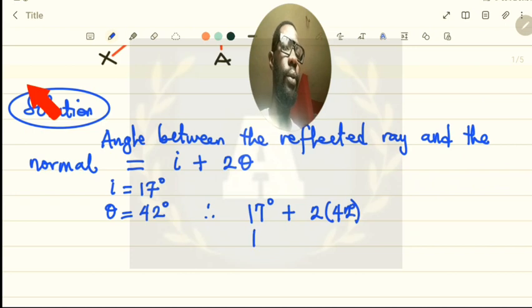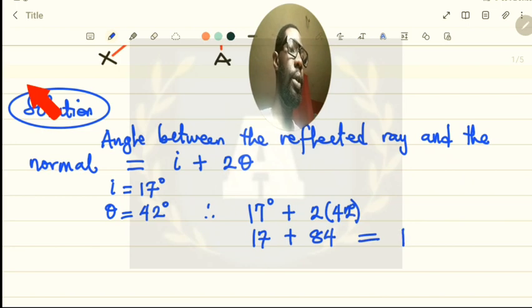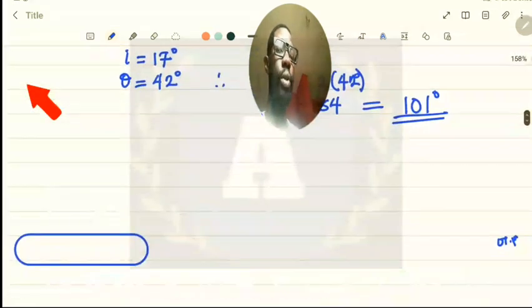That will be 17 plus 84, so 17 plus 84 is 101 degrees. That is the answer with respect to that.